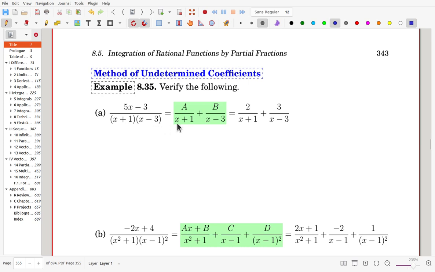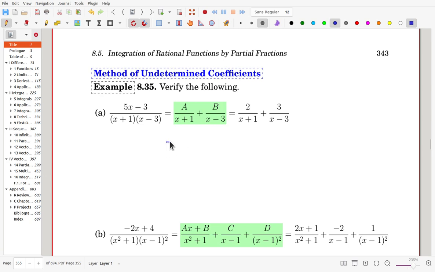So we are trying to express it in this way. After some manipulation, you can decide a is 2 and b is 3. Let's try to do it here. From this one, the main task is to decide a and b, the undetermined coefficients.